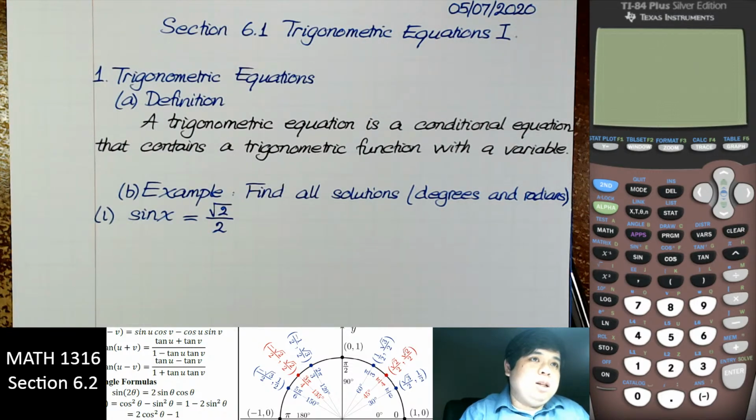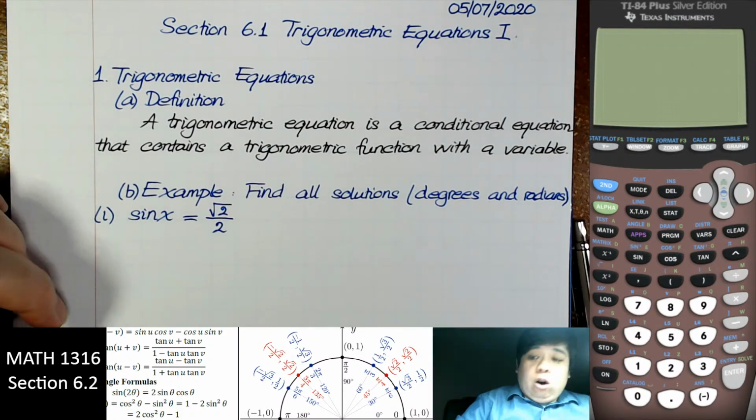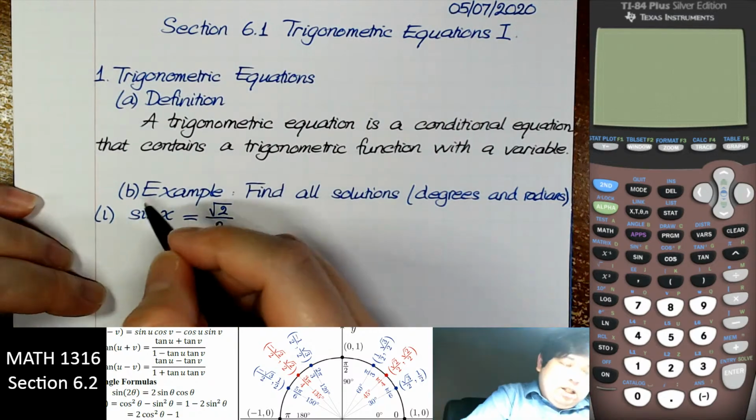The y values, that and that, right? So this red dot here and the red dot there. So correspondingly we have pi over 4, 45 degrees, or 3 pi over 4, 135 degrees. So on the unit circle, that's what we have.